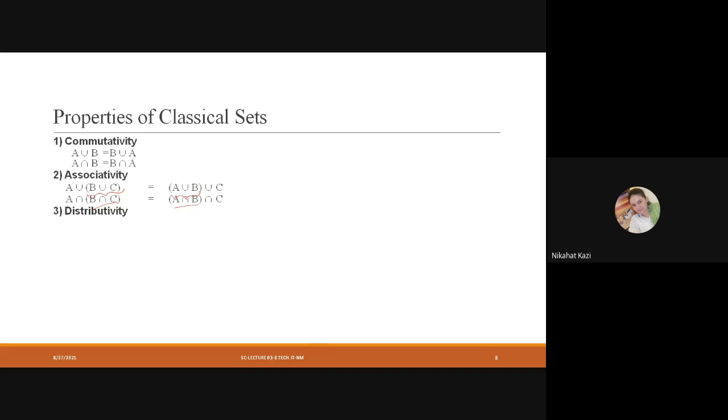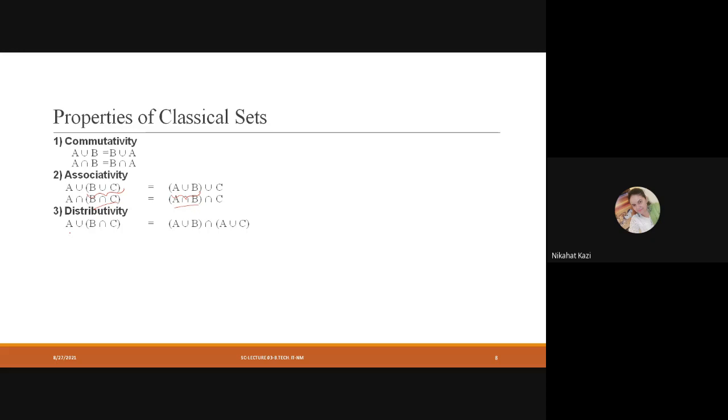Next is distributivity. What is distributivity? When you are talking about union and intersection, union is distributive over intersection and intersection is distributive over union.